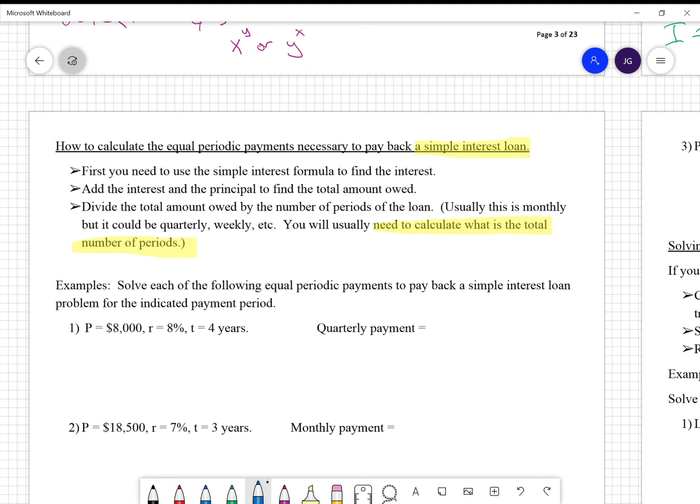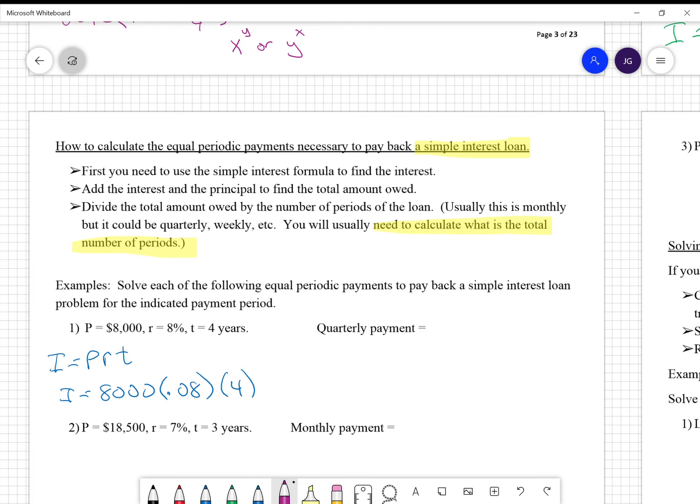Solve each of the following equal periodic payments to pay back a simple interest loan for the indicated payment period. So I equals PRT. I equals 8,000 times 0.08 times 4.